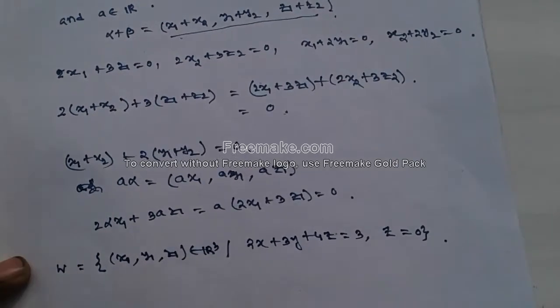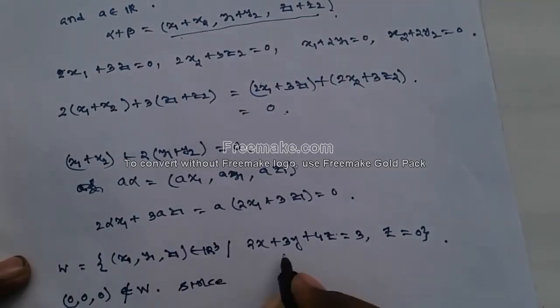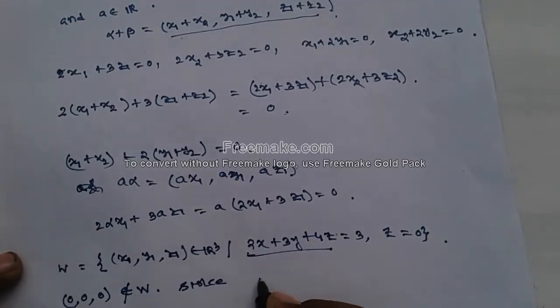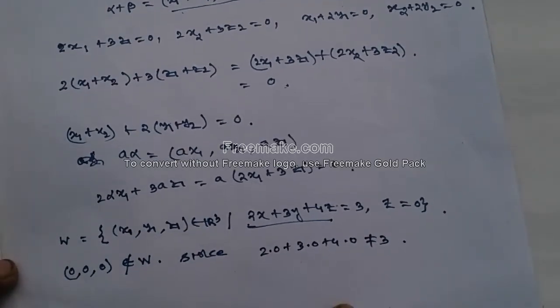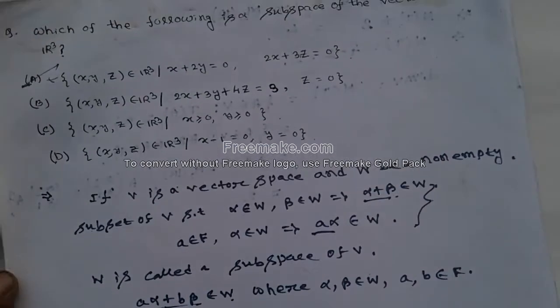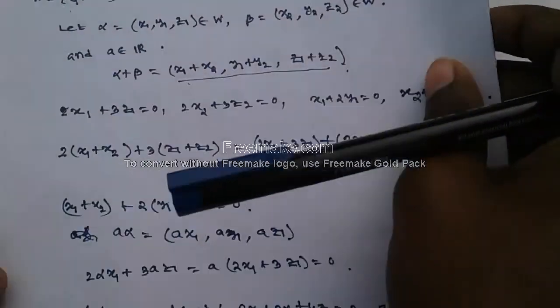Now you see that the null vector (0, 0, 0) does not belong to W, since it does not satisfy the condition, because 2 into 0 plus 3 into 0 plus 4 into 0 is not equal to 3. So W is not a subspace of the vector space R3. So this is wrong.